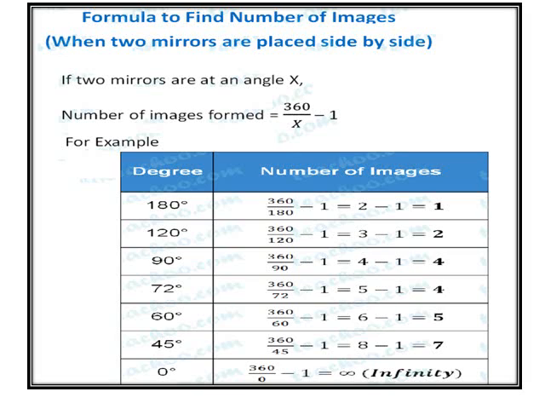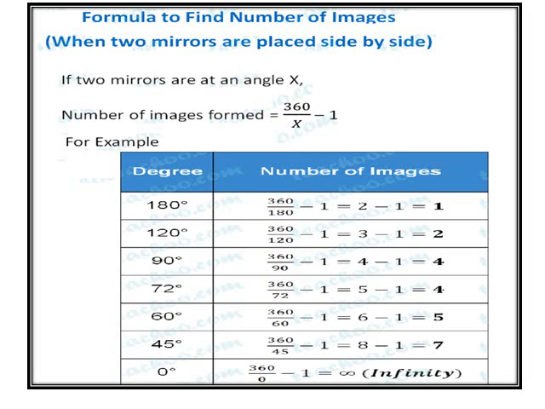Now let us take the first one, 180. So wherever x is there, you substitute 180. So 360 divided by 180, so it is 2. 2 minus 1, it is equal to 1. So when the mirrors are exactly at 180, that means in a straight line, then we don't get any multiple images.